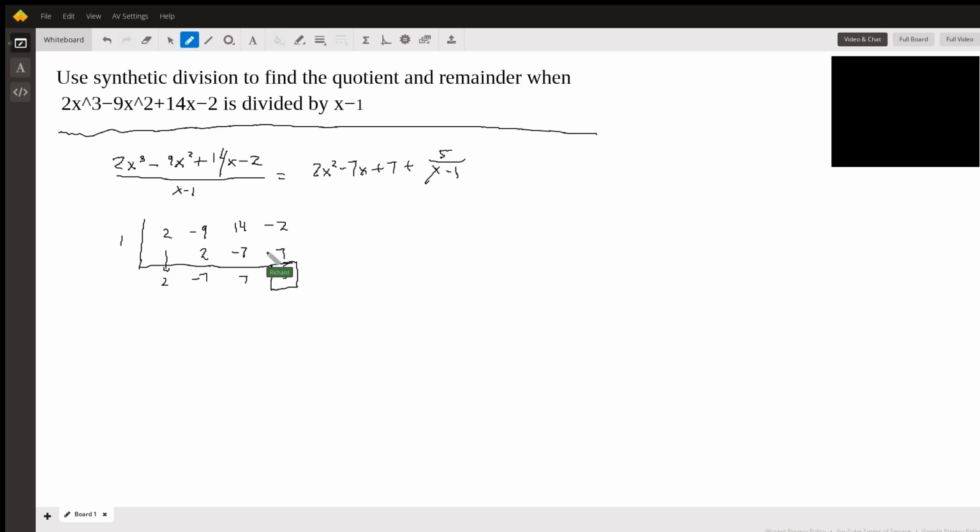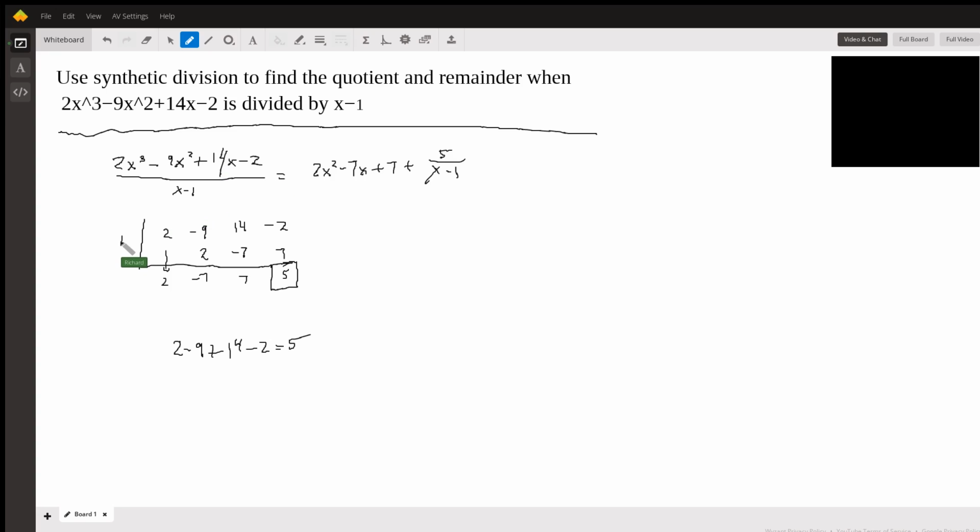So this is telling us that 1 is not a 0, because when you plug 1 into this equation, you're actually going to get the remainder, which is 5. So I'll show you how that works. You're going to get 2 minus 9 plus 14 minus 2, and that's going to be 5. So it turns out that the remainder is the value of the function when this is plugged into the function.